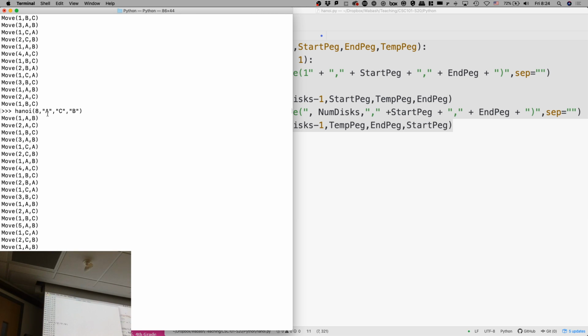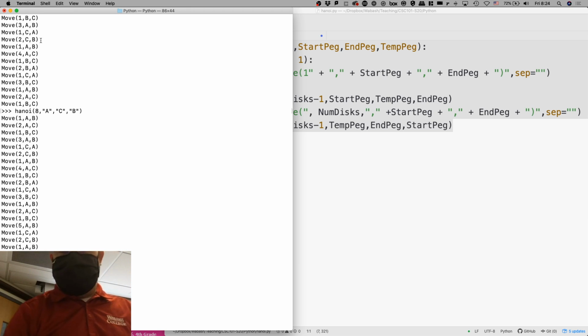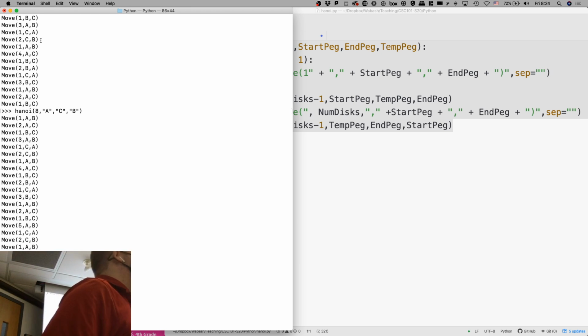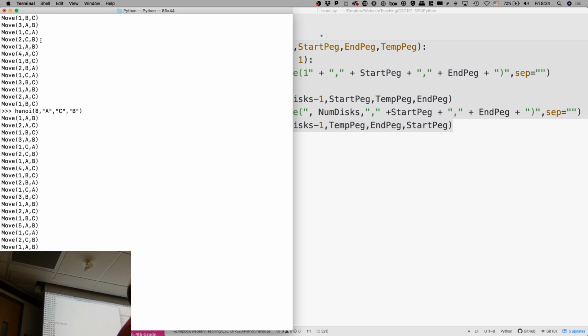What is 2 to the 8th? 512, yeah. Is it 512? 256. Yeah, it's 256, not 512. Do you even math? Yeah, 256. Okay, so doing this with 8 disks requires 255 moves.